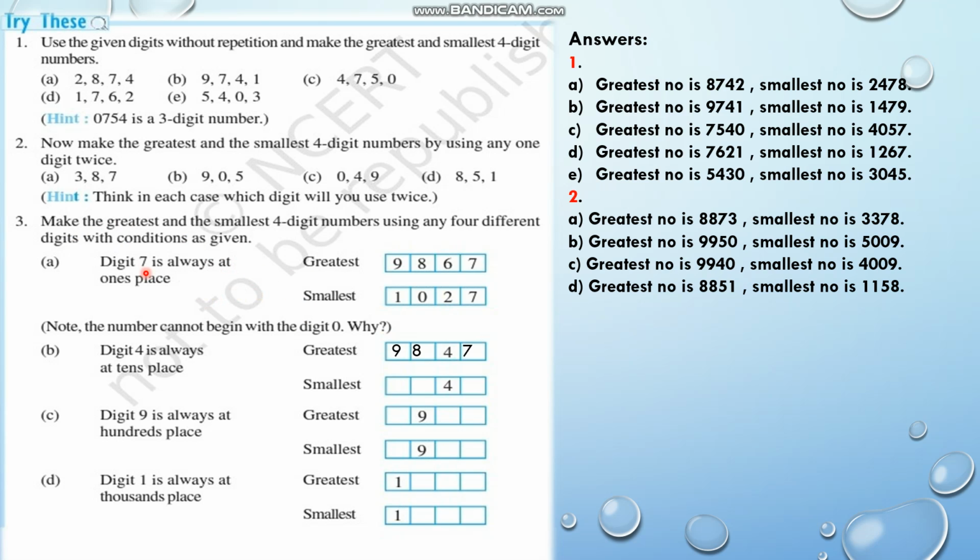Look here, digit 7 is always at the 1's place. So for the greatest number, first write 7 in the 1's place. Then arrange the other digits to get the greatest number. Accordingly we can write 7, then 6, 8, 9. The bigger digit we write first, that is 9. After that 8. After that 6.